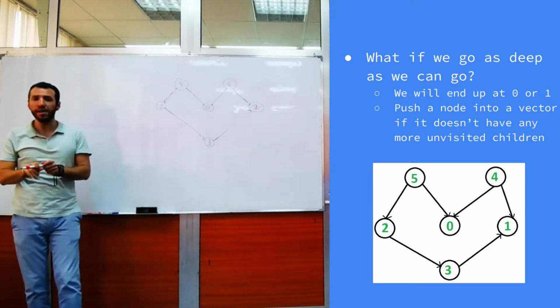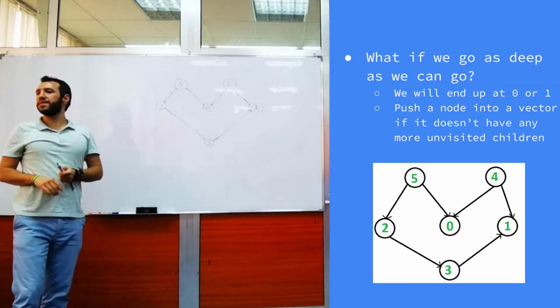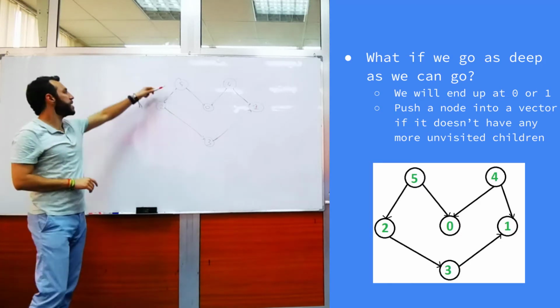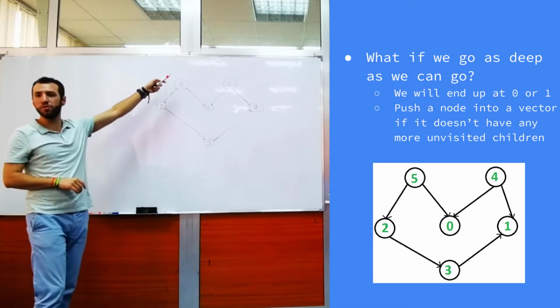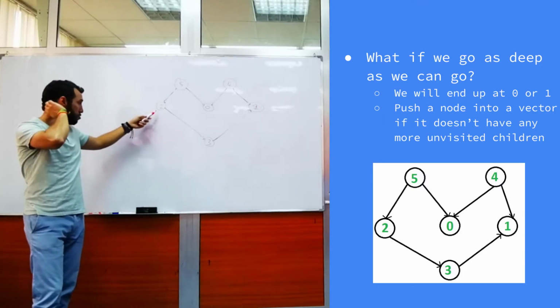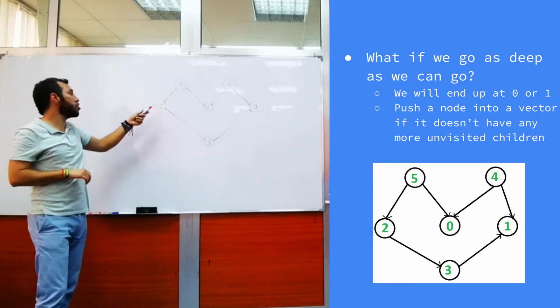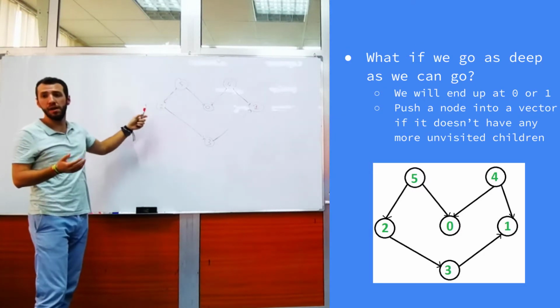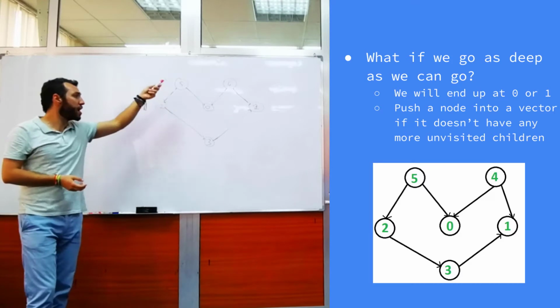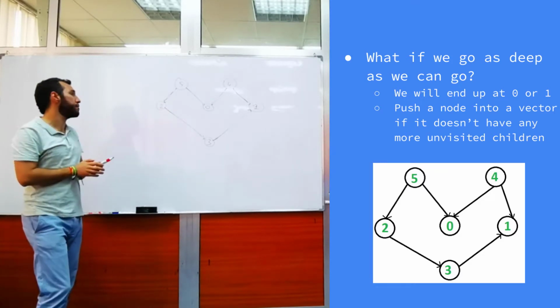So now let's take a look at this graph. Do you see any cycles in this graph? Like if we start from 5, there is no way we can get back to 5 because there is no incoming edge. If we start from 2, since we cannot get to 5 in any way, there is no way we can get back to 2 either. You can apply the same principle to other nodes, and you will see that there are no cycles in this graph.